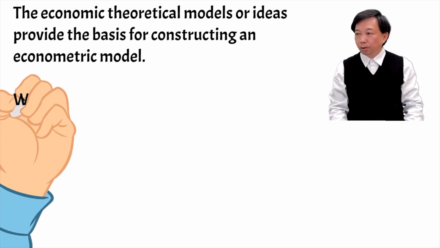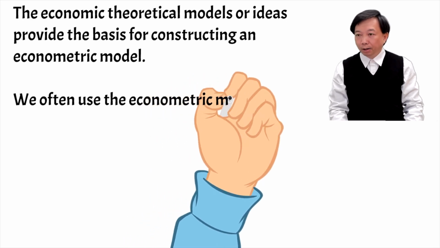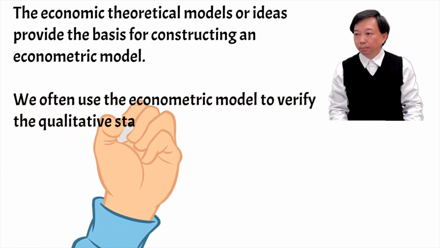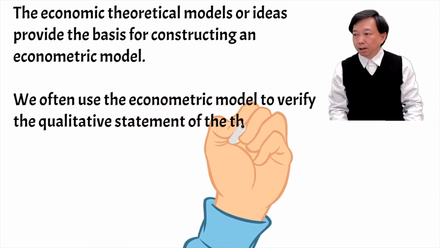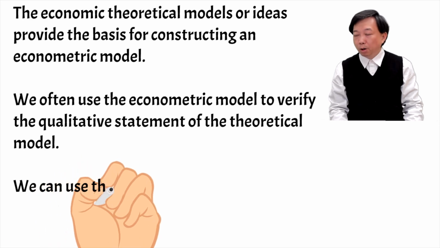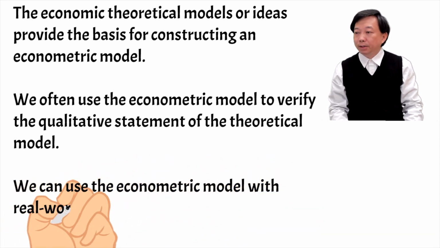In addition, we often use the econometric model to verify the qualitative statement of the theoretical model. Moreover, we can use the econometric model with real-world data to estimate the parameters in the theoretical model.